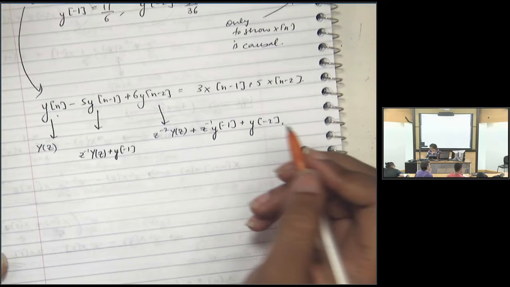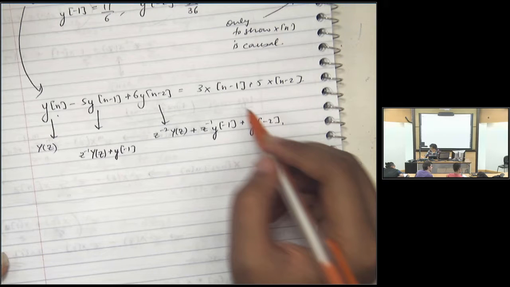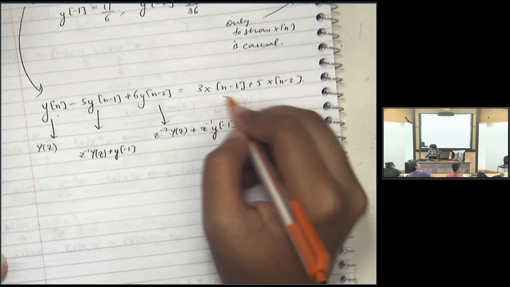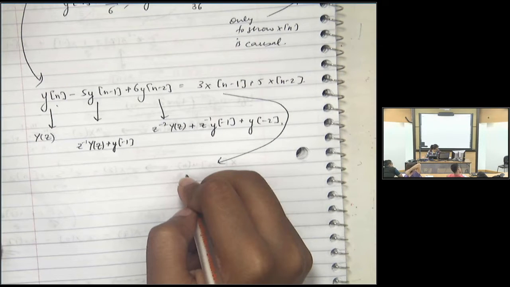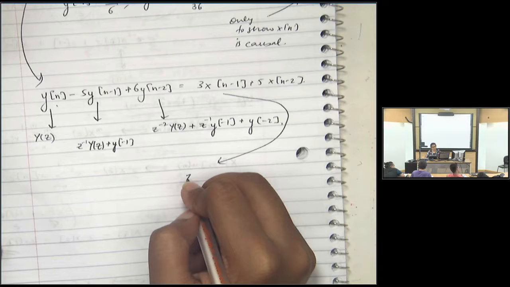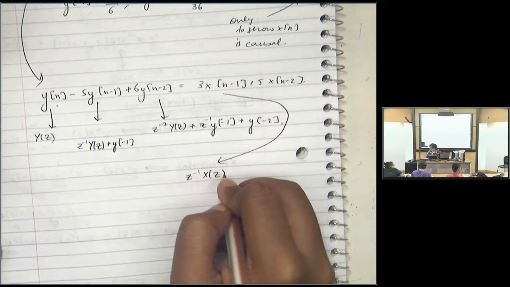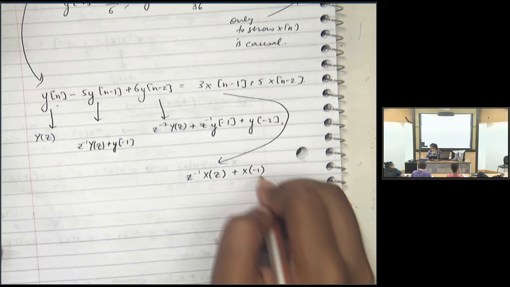Okay. And for x of n, again remember that x of n is causal, so I'll just pull it down here. So what will be its z transform? X of z. That's it? No, z to negative 1. Correct. Z to negative 1, x of z, and plus x of minus 1, but this is 0.